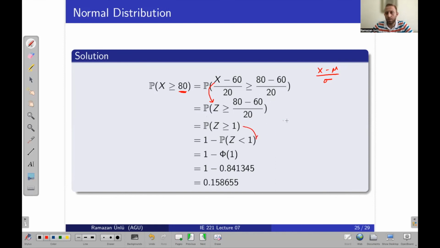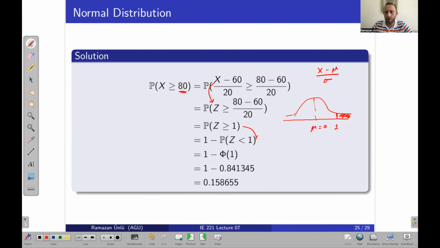Let's say this is a graph, this is 1, and this is mu, which is equal to 0, and I'm asking for this part. In the standard normal table, I'm given the area to the left side of that particular value.